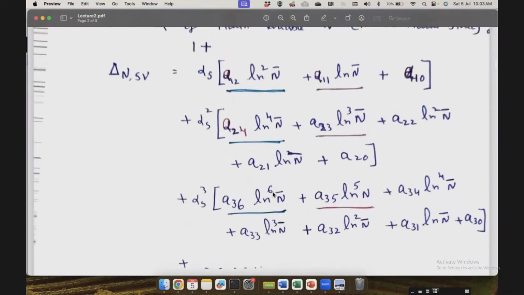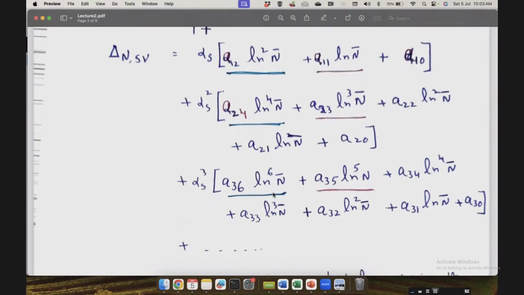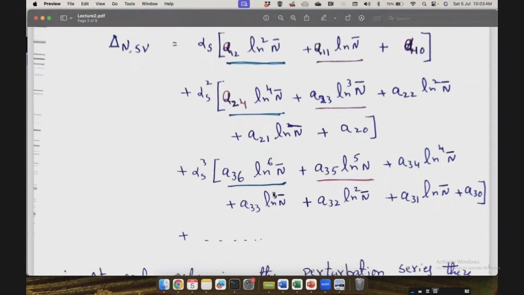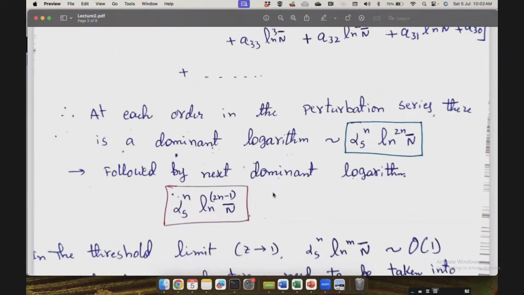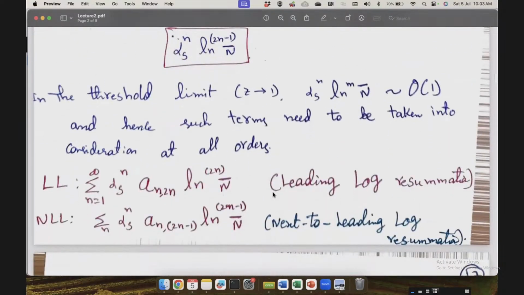So like that at each order, if I take the dominant logarithms and just include them as the essential ingredients in my final perturbative calculation, then that is what I call a leading log resummation. So leading log in the sense that at each order in the perturbation theory, this is the leading logarithmic contribution in the n space. So the leading log looks like alpha s to the n, which goes with the log power 2n.